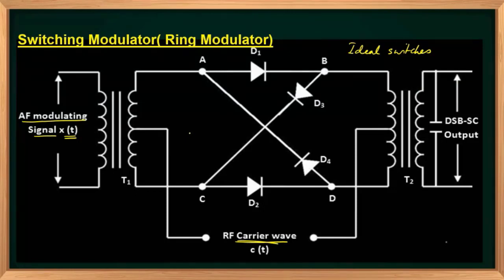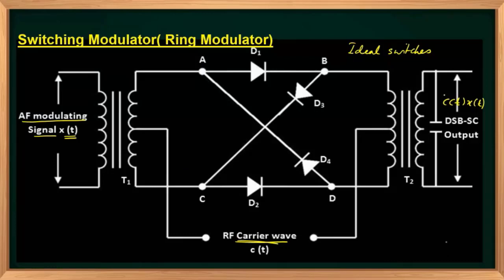Therefore, the output obtained at the transformer secondary will be the product of the modulating signal, in this case given as x of t, and the carrier signal. So the product of carrier signal and x of t will be produced here.